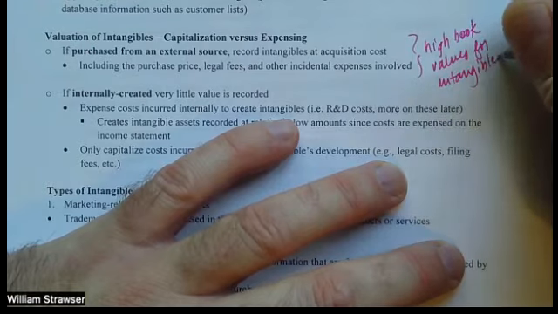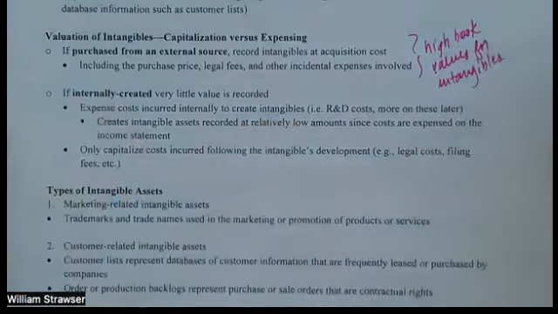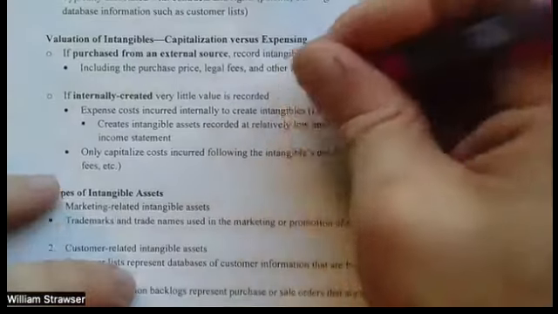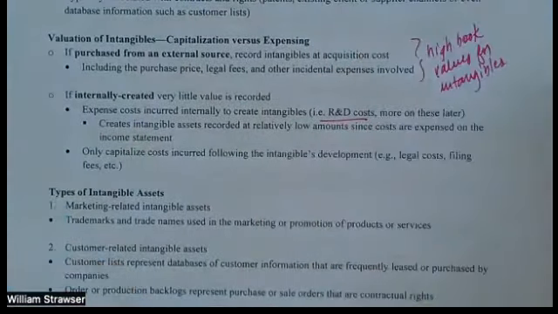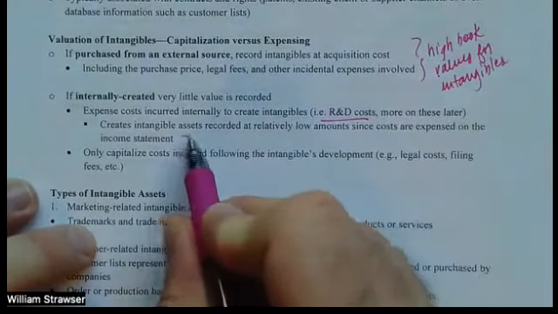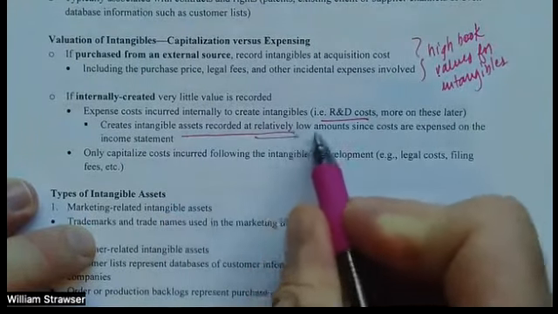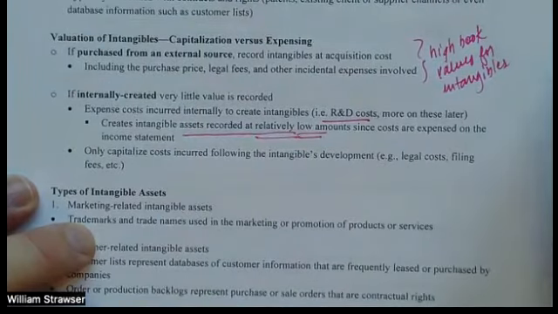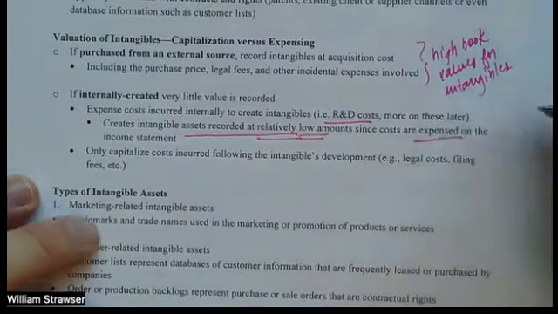Now, this is very different than internally creating or developing them. This is when we're working with R&D, spending money to research and develop an intangible asset. If this is the case, then we're going to have assets recorded at relatively low amounts since the costs are expensed.